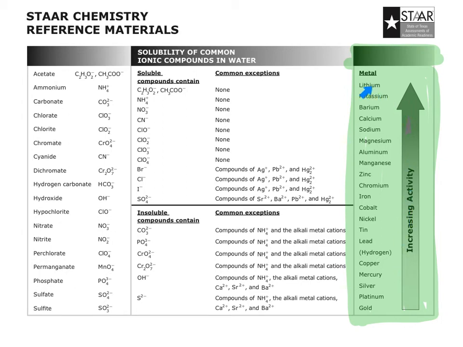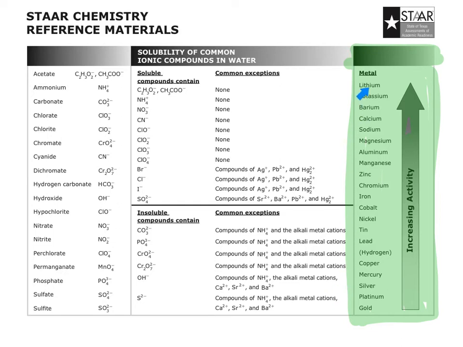Lithium is at the top of the list, which means it can replace everything that is below it. A metal can only replace another metal if it is above it on the list. For example, zinc is right here. Zinc can replace anything that is below it on this list, but it cannot replace anything that is above it on this list.